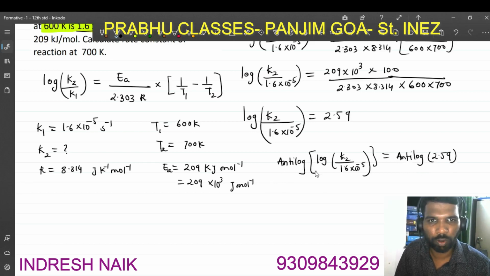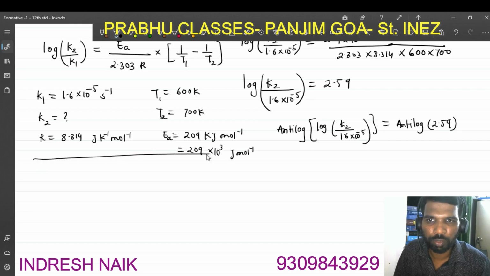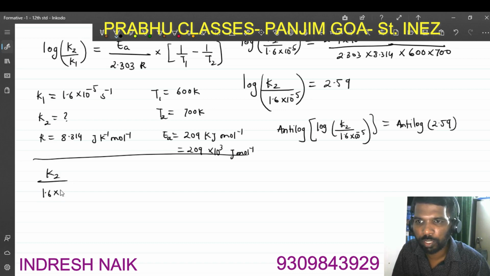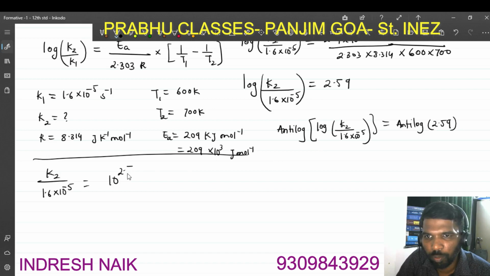I want to get rid of this log, that's why I'm taking antilog on both sides. So this antilog and log will get cancelled, and what remains is K2 upon 1.6 into 10 raised to minus 5. You need to find the antilog of 2.59. That means 10 raised to 2.59, which is the meaning of antilog to the base 10, right? This is 2.6.